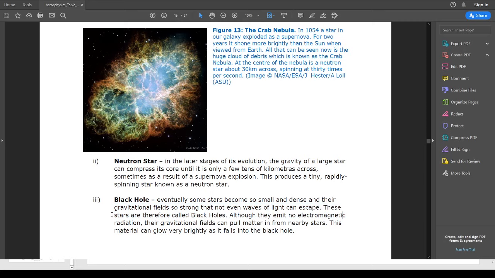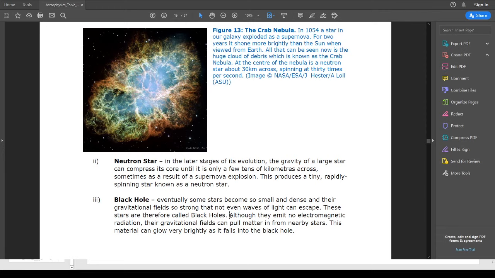The word star should be in quotation marks because we don't really call them stars, but these so-called stars are therefore called black holes. So black holes are basically extremely small but extremely dense gravitational fields.